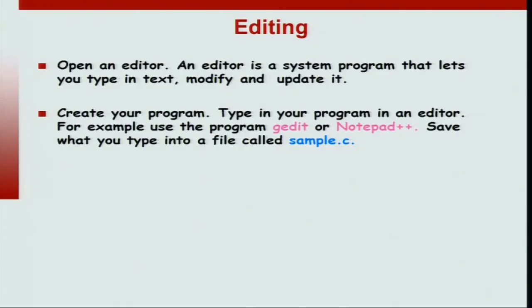If you are on Linux, I would recommend a simple editor like gedit. If you are on Windows, there is a free editor called Notepad++. Be careful that this is not the usual Notepad that comes along with the system. Write your code in an editor of your choice and save it into a file. Let us call it sample.c.